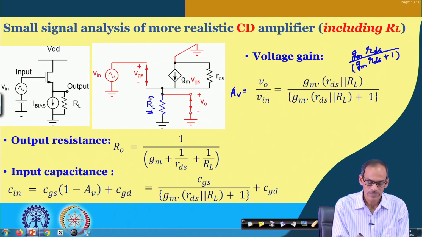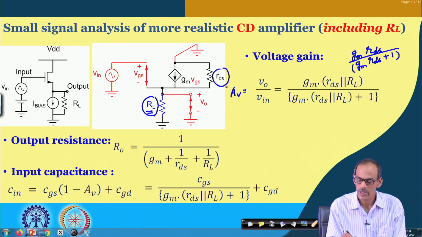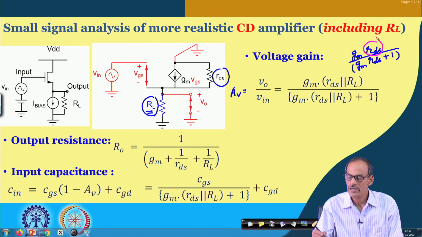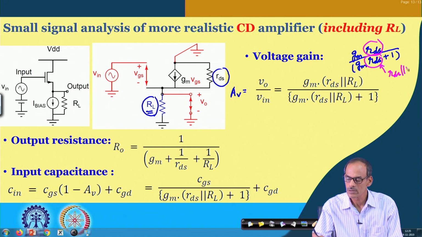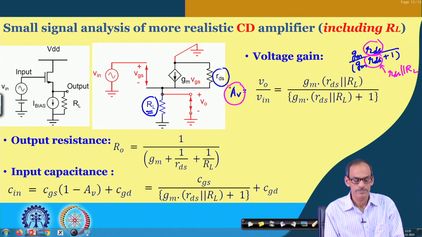Now, in the presence of this RL, it comes in parallel with RDS. So, wherever we have RDS, we can replace this RDS by RDS in parallel with RL, and that gives us the corresponding voltage gain.